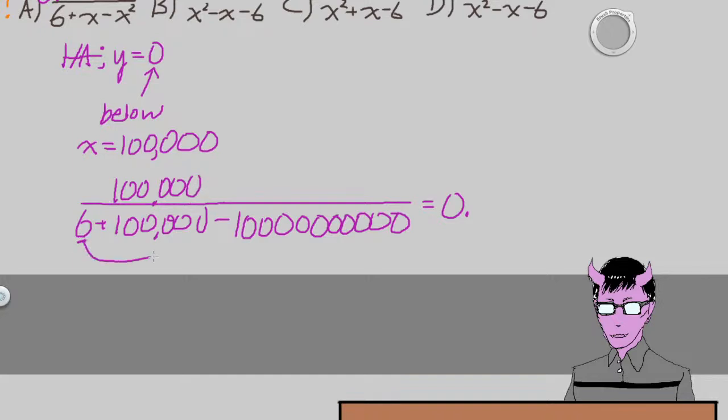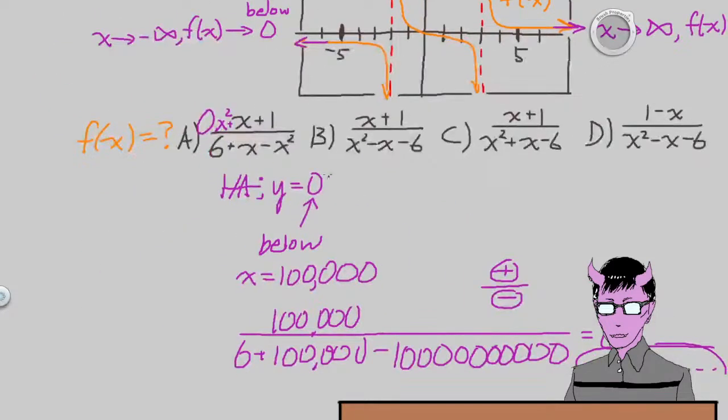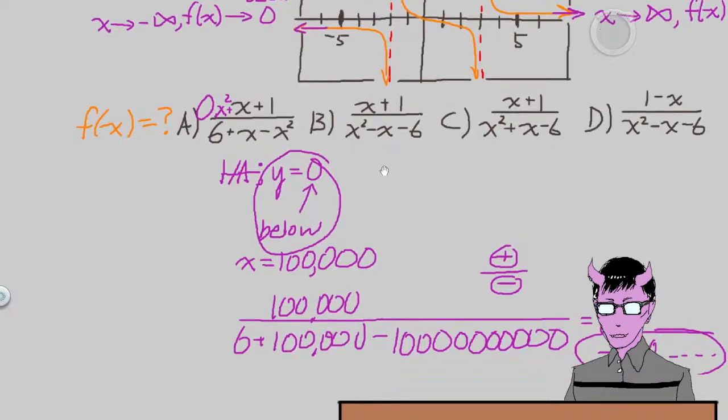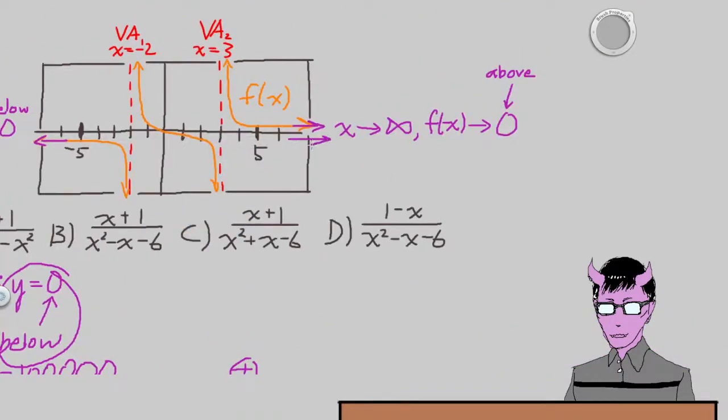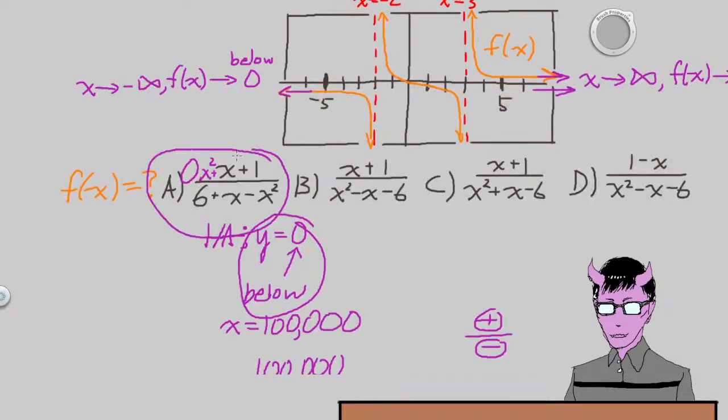This is a small magnitude in comparison to this large size negative. So we essentially have a positive on top and a negative on the bottom. But since it's close to 0, we have to say it's a negative 0 point something. So that's why we are below the x-axis, because we still have a negative value according to evaluation of choice A.